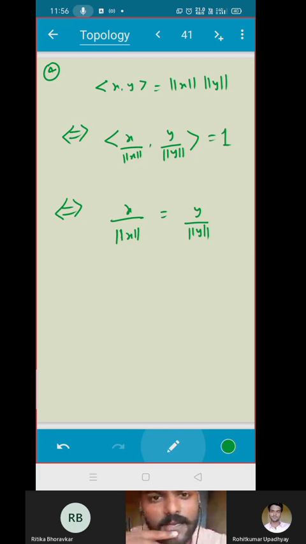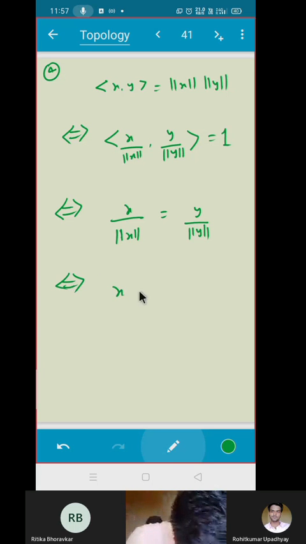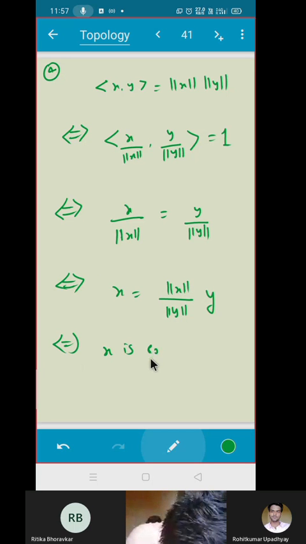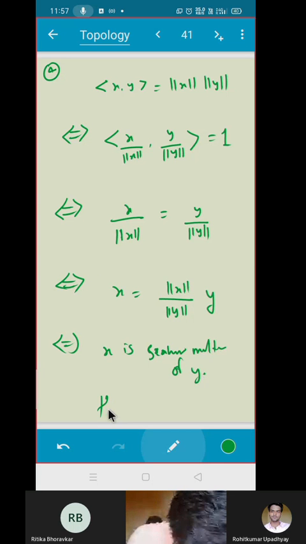Because the inner product is 1 only for unit vectors. That means x equals norm x upon norm y into y, which means x is a scalar multiple of y. Proved.